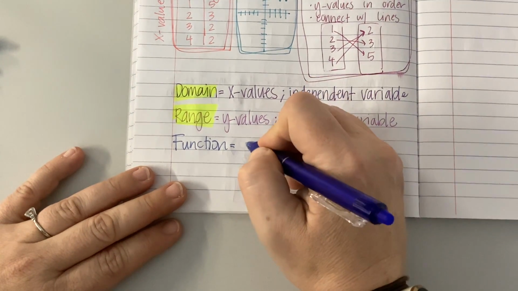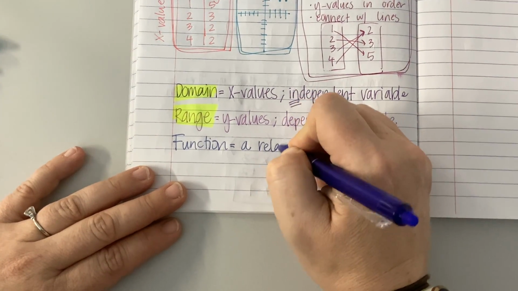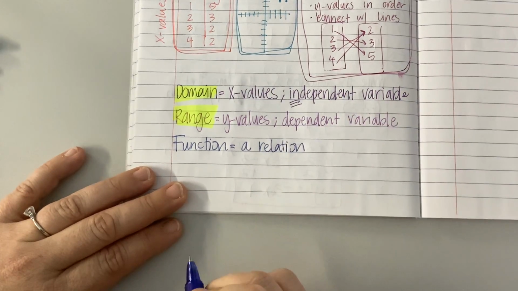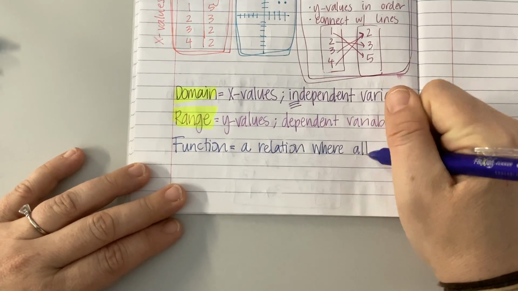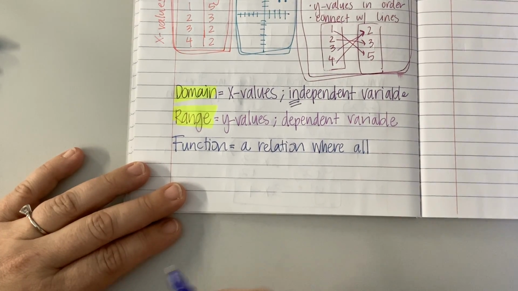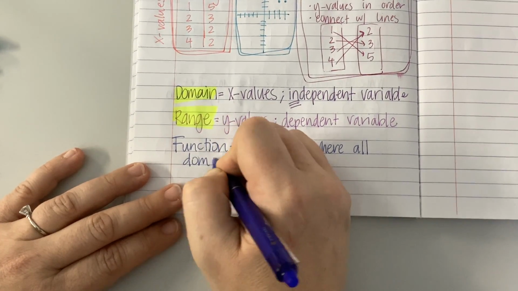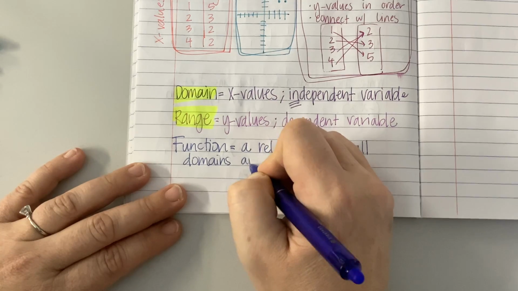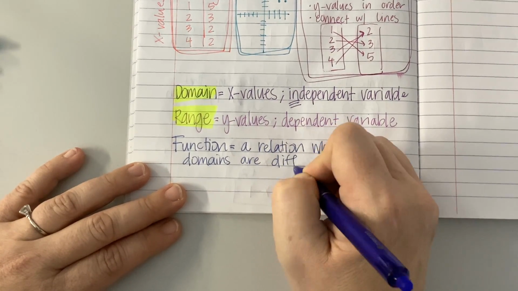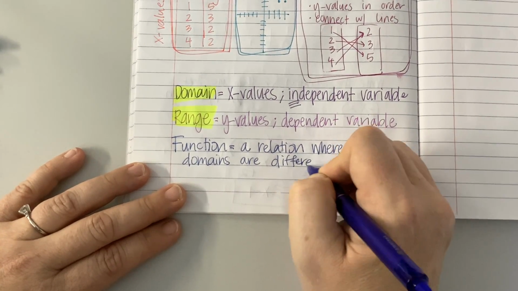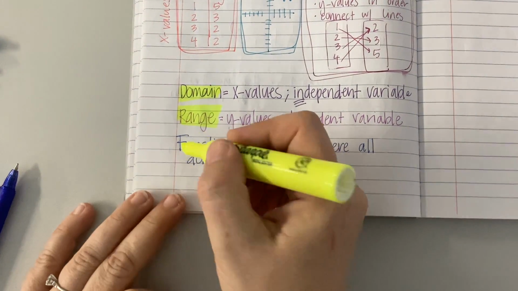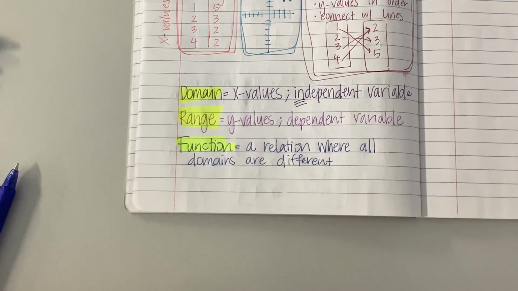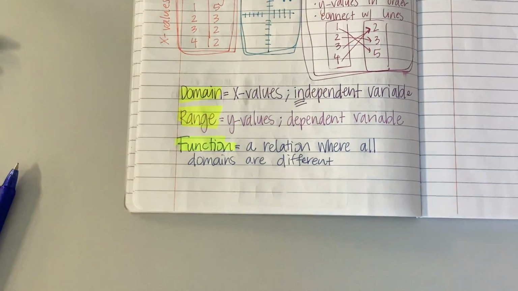And a function is a relation where all domains are different. A function is where all domains are different.